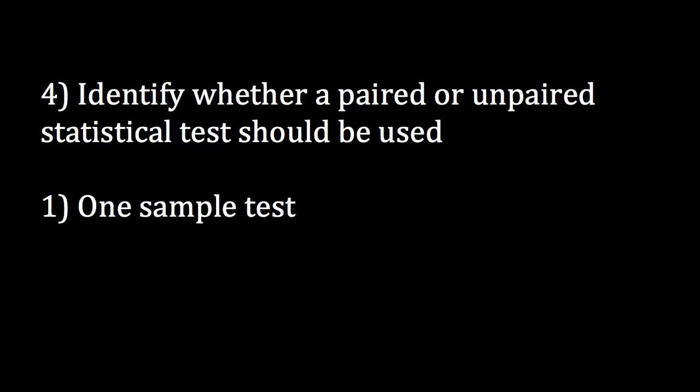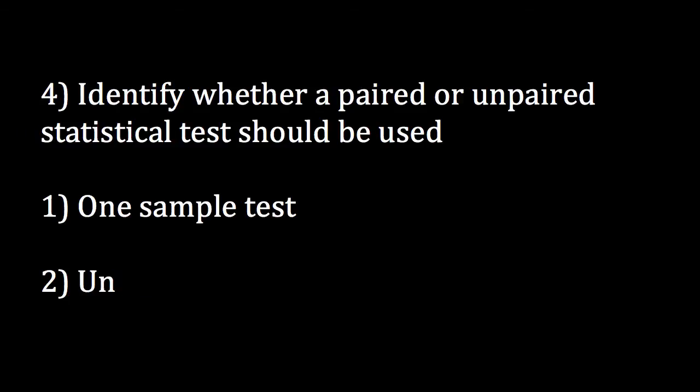This is a test that compares a sample that you have to population-derived data. Now, this isn't going to be commonly used within comparative research, so we won't really spend a lot of time talking about these tests. We'll spend most of our time talking about statistical tests that are used for comparative testing, and that's going to be either unpaired or paired statistical tests.